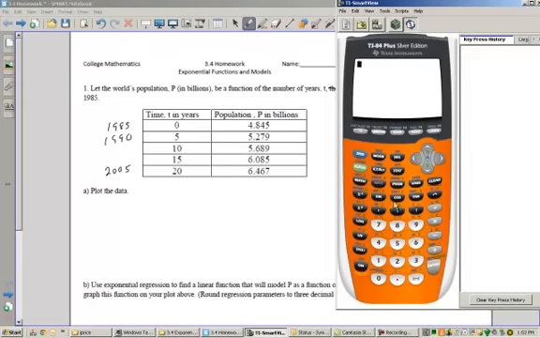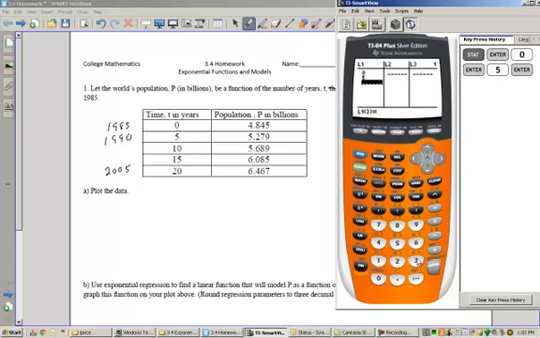If you take out your calculator, under the statistics button, that's where we put in data. Hit enter, and then we'll hit 0 enter, 5 enter, 10 enter, 15 enter, and 20 enter. Those are our years.